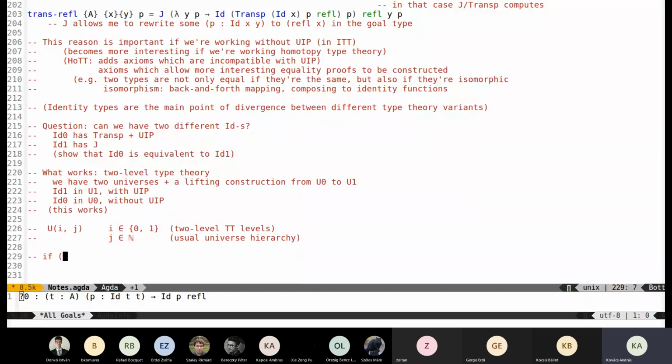And if I have some A which is in U0i, then lift of A is in U1i.